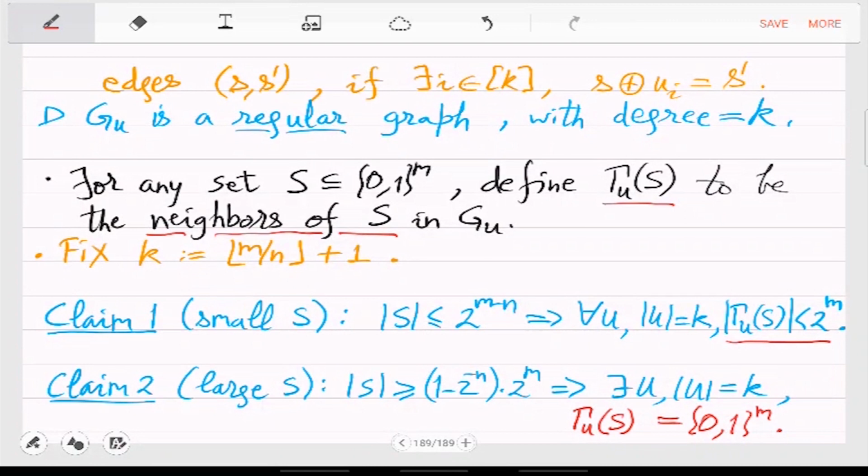Okay, and this is the difference. You can see that we have reduced it to quantification, right, for all versus there exists.